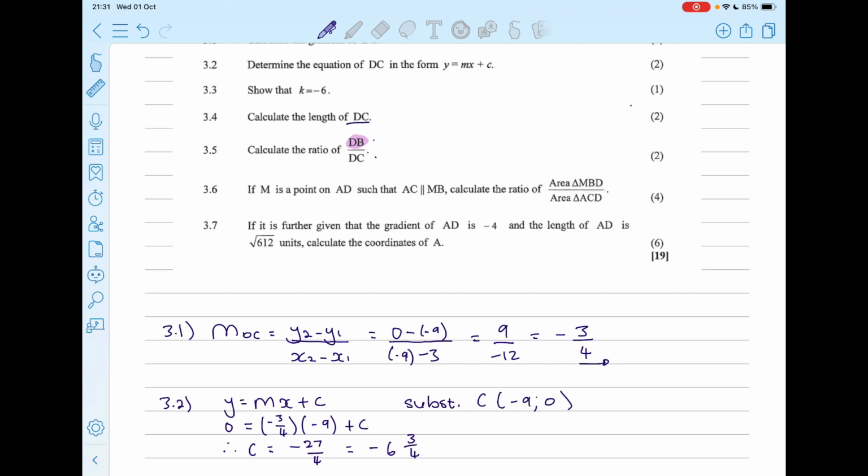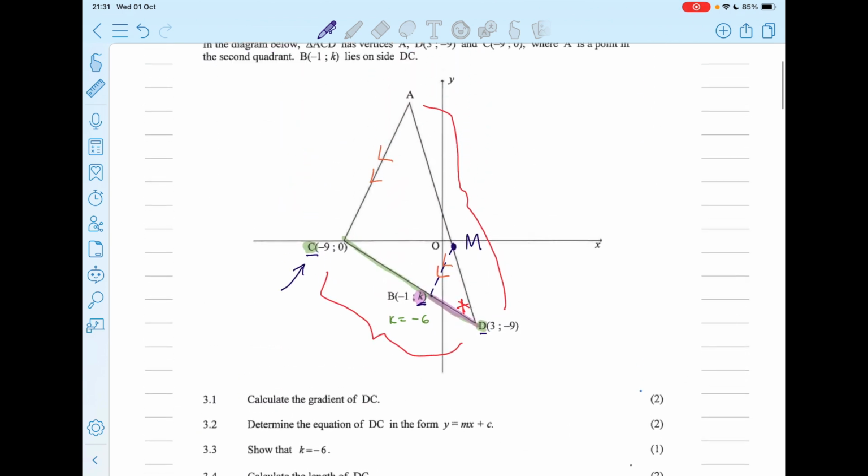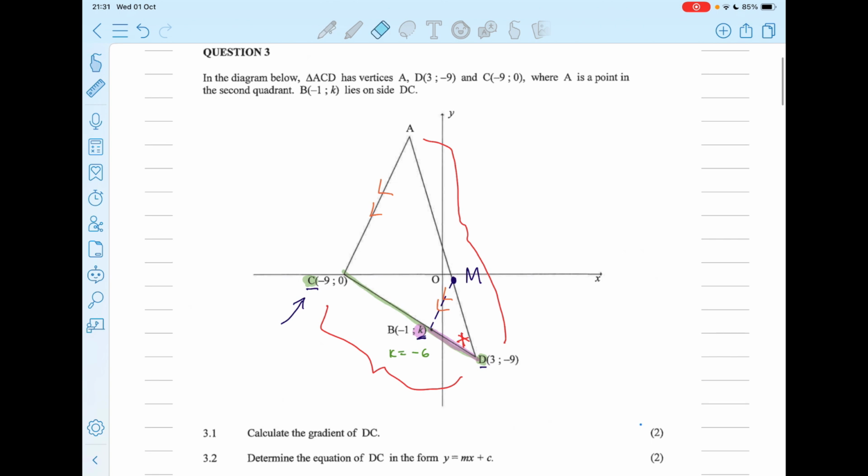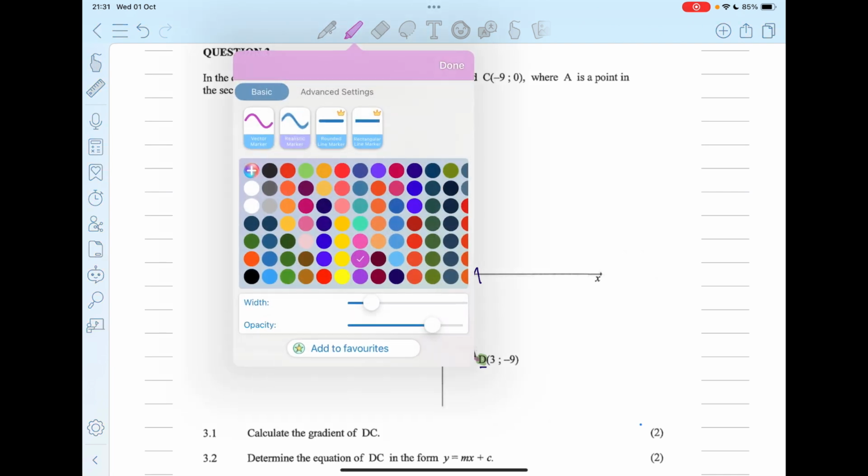So we are told that it is further given that the gradient of AD is -4 and the length of AD is the square root of 612. And they want us to calculate the coordinates of A. Interesting. So let me erase this. So we are now looking at AD.